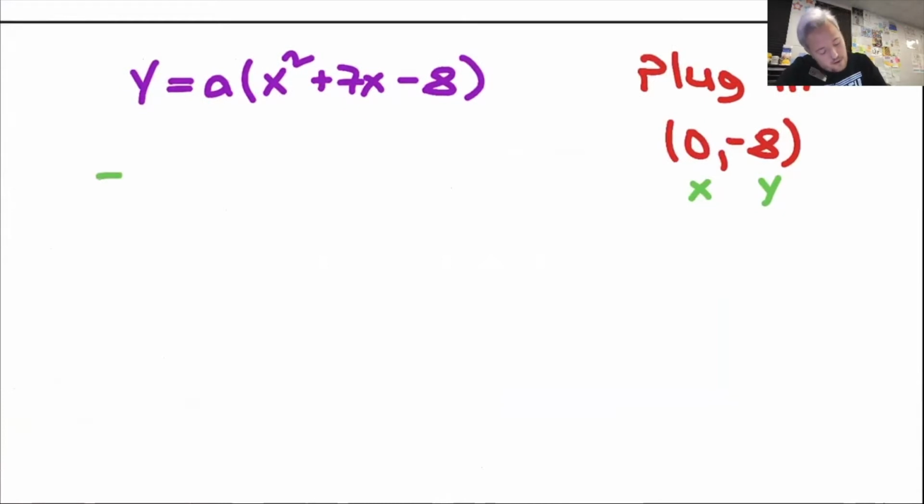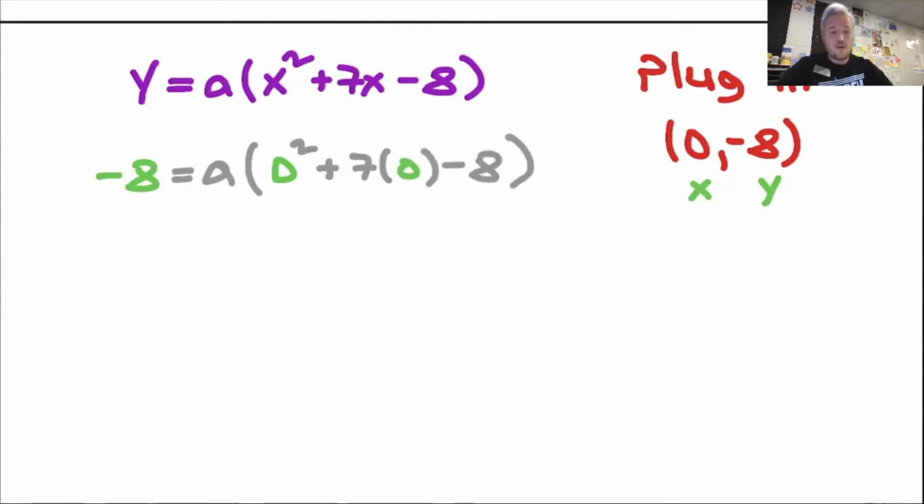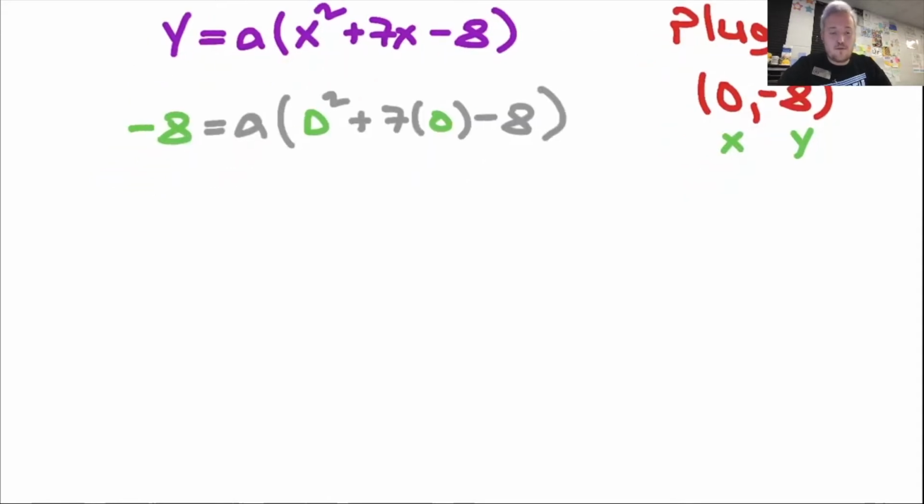All right, so I'm going to have -8 equals a parentheses 0 squared plus 7 times 0 minus 8. All right, so we're going to plug in the x value twice. So the x value here and here, and then you're going to plug in the y value once. And then you're going to solve for your corresponding a value.